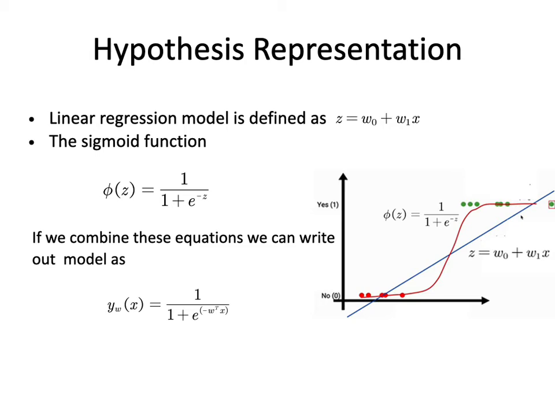Now if we combine these two equations, we can write our model as y_w of x, which is nothing but the sigmoid function of the linear model that we have. So it is represented as y_w of x. It is nothing but the output of our model.